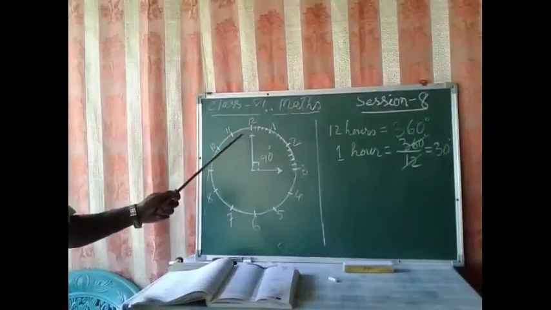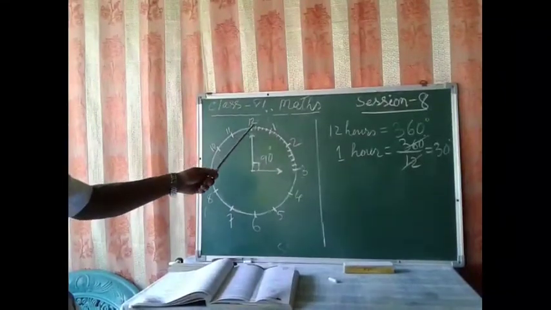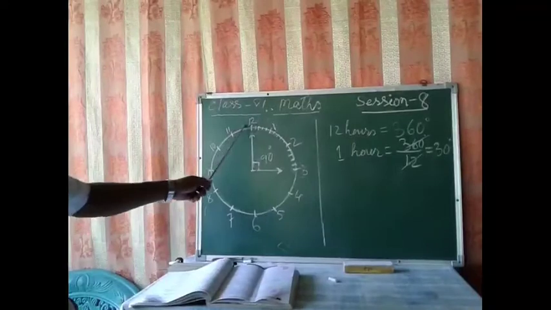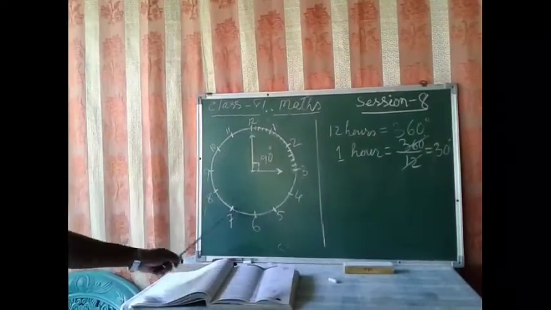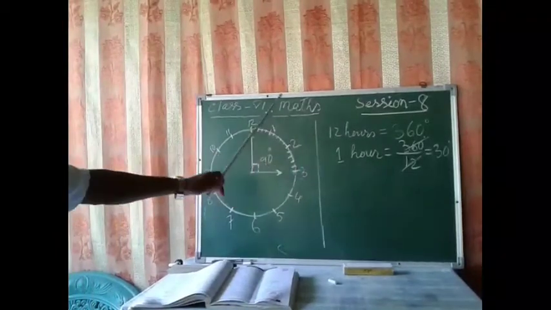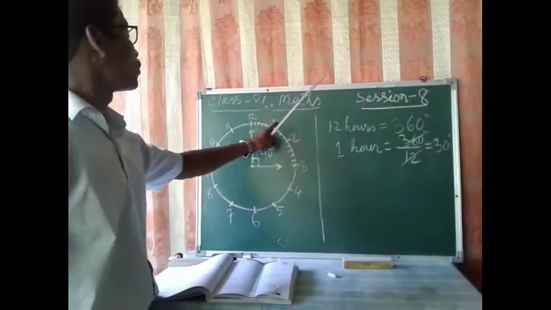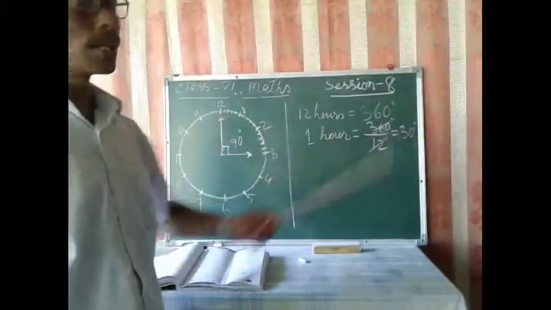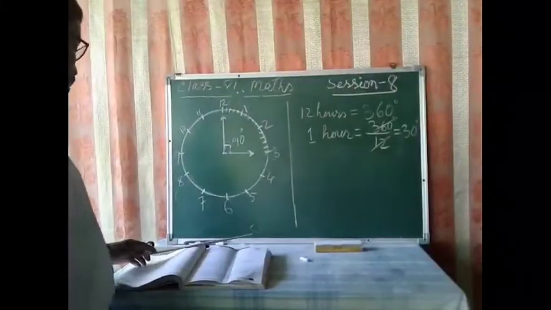That means in the clock dial, when the hour hand completes one rotation, it overcomes 12 hours. Then from 12 to 1, it overcomes 30 degrees.